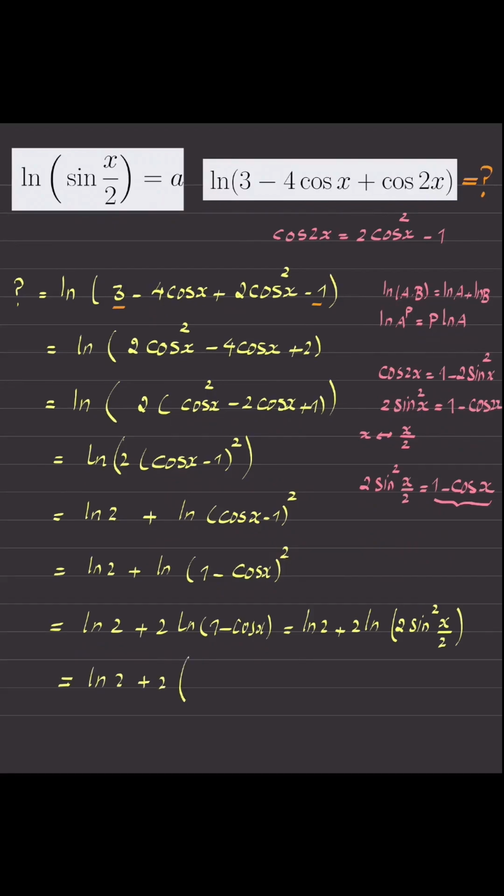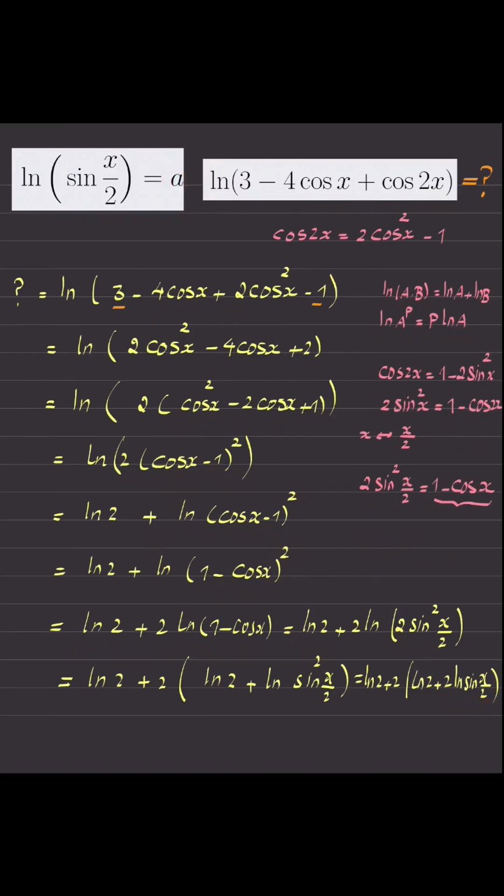This product can now be written as the sum of ln's: ln of 2 plus ln of sine x over 2 to the power 2. I will also continue as before and move this 2 to the back of the log, so this becomes ln of 2 plus 2 ln of 2 plus 2 ln of sine of x over 2. But this expression is exactly your a. It is given to be a.